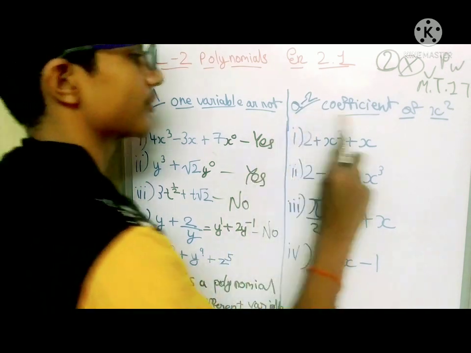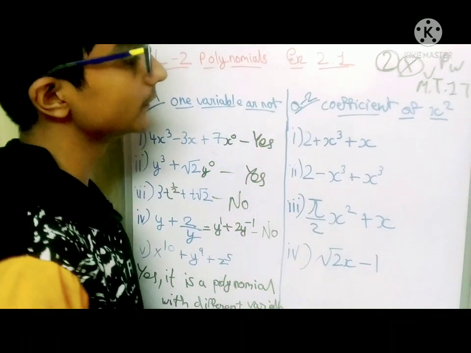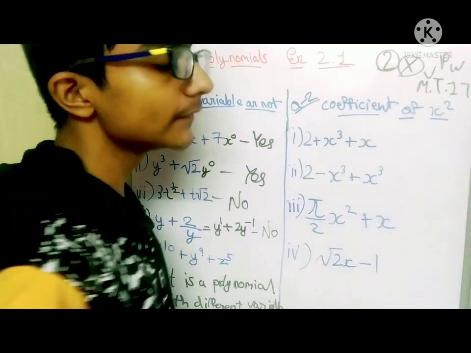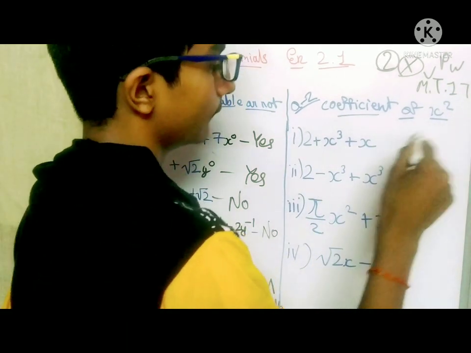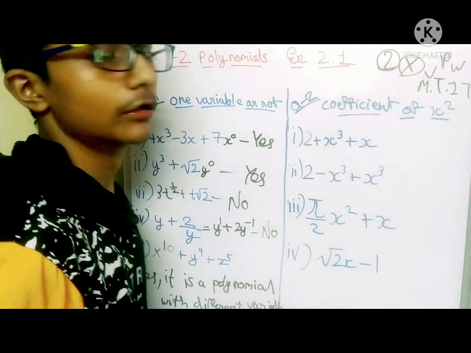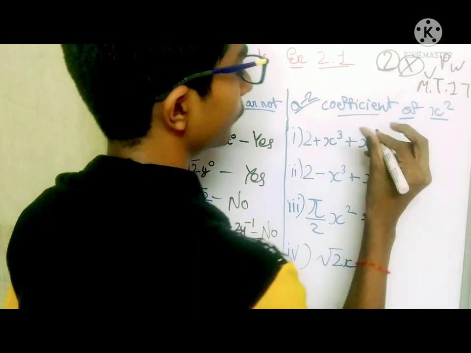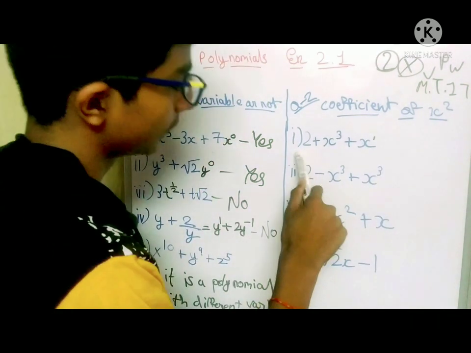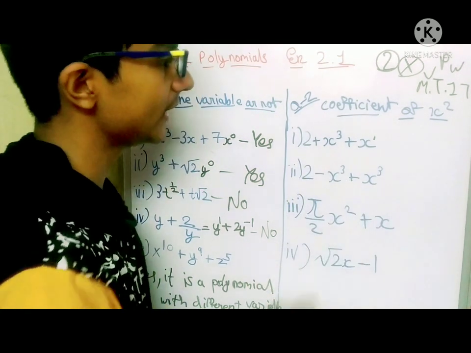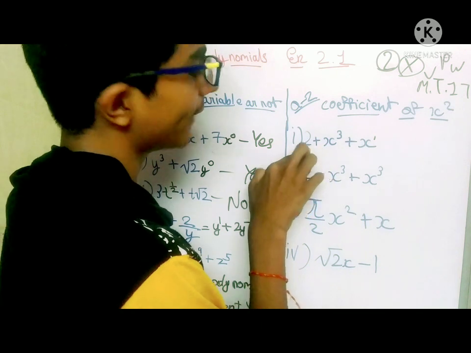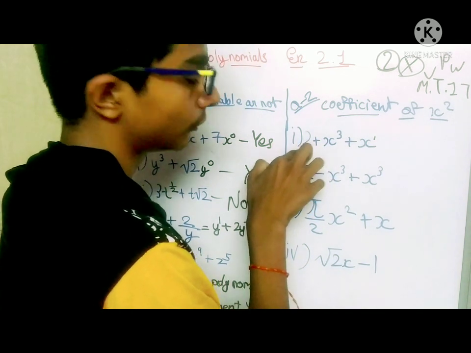Now moving on to question number 2, we have to find the coefficient of x square. The word coefficient means neighbor. So we have to find which constant is before x square. Where no power is given, we will write the power as 1. Now in the first question I am not able to see x square, but I am also not able to see any variable after this constant 2.